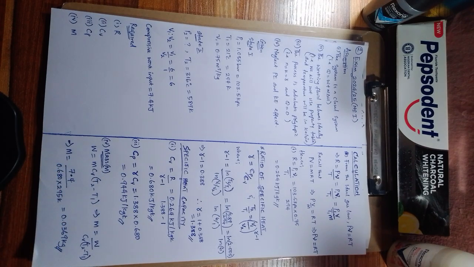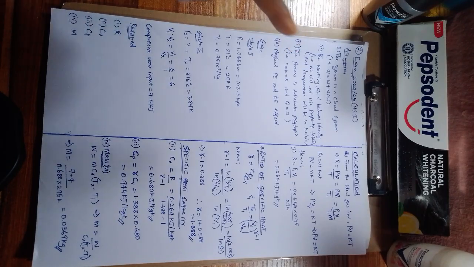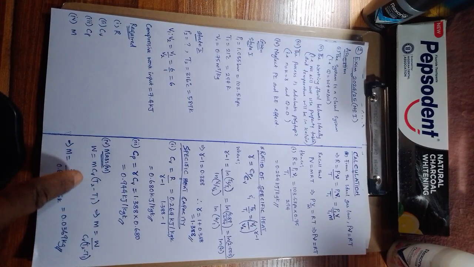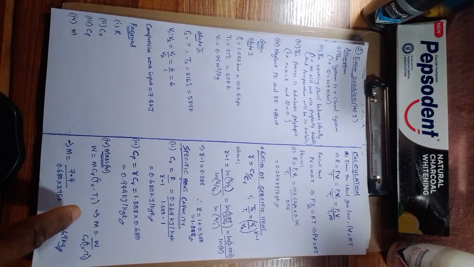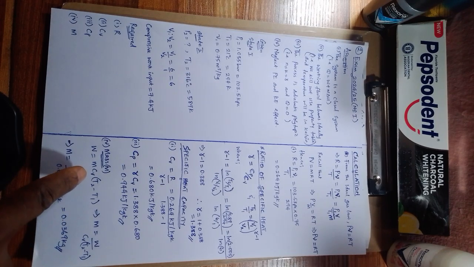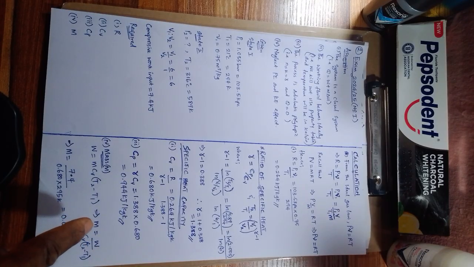Then for your mass, you substitute mass from the work done equation. The work done equation for an adiabatic polytropic process is given as this, because work done is equal to m Cv (T2 minus T1) plus Q, but Q is already 0.